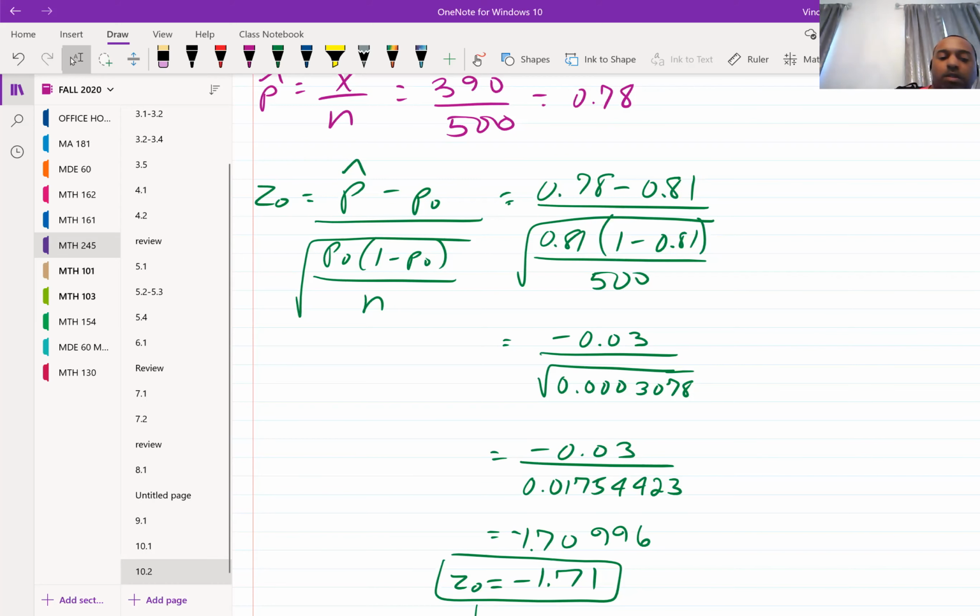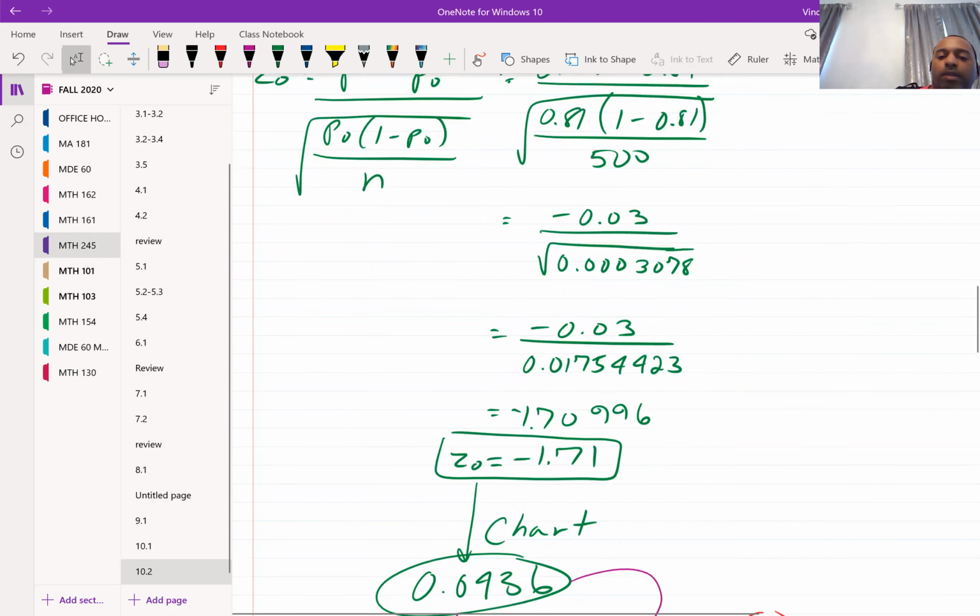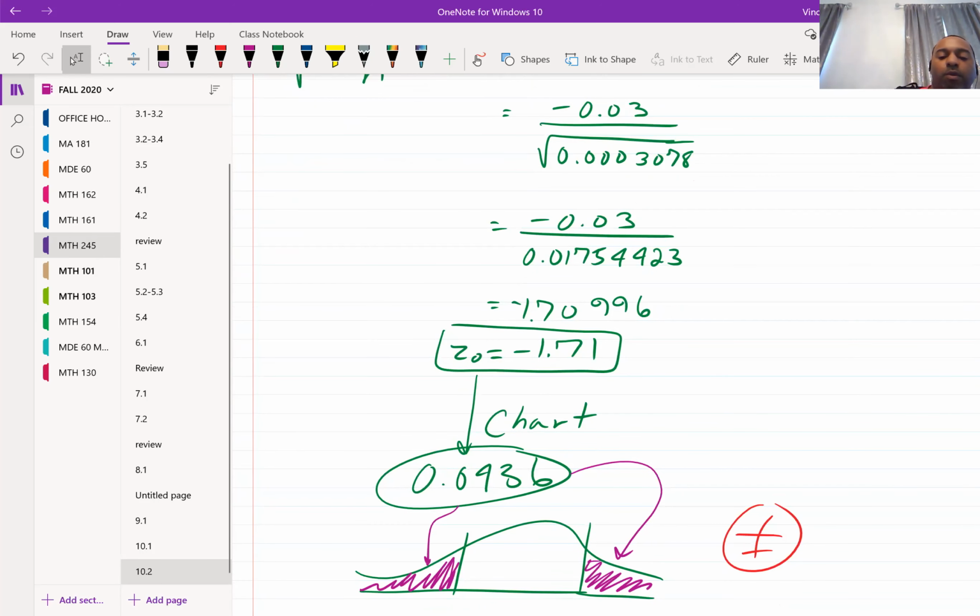All right. So then we go to the chart and we get 0.0463 from the chart.